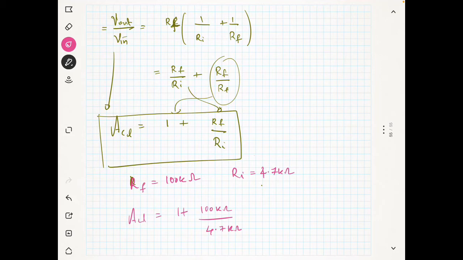I hope this is clear to you. Now let me check what is the value for this calculation.